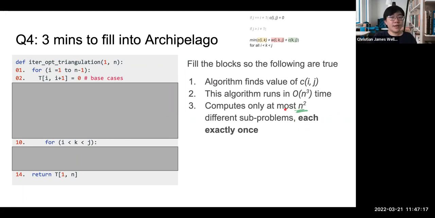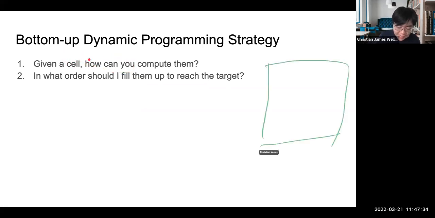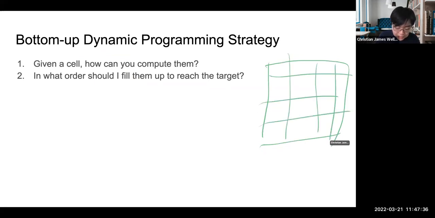So this is the question from bottom up. I'm just going to go on with the question. The strategy we want to employ is: if you have a cell, how can you compute that particular cell? Imagine you're storing the result in a table, a 2D grid. Let's say I want the result of this cell.